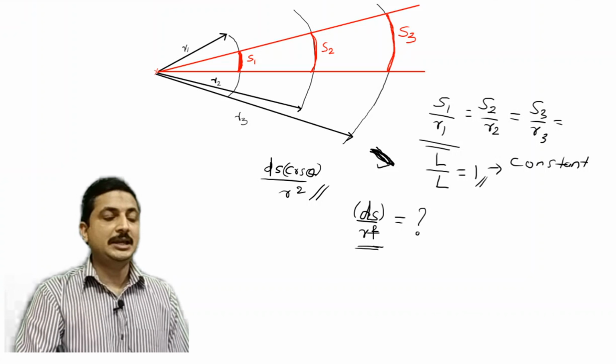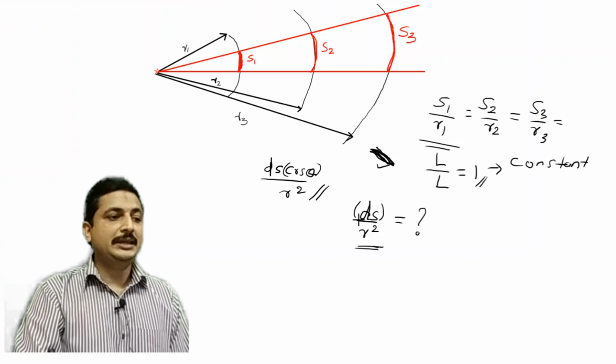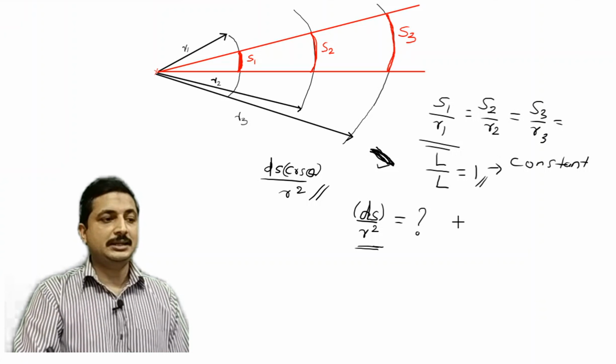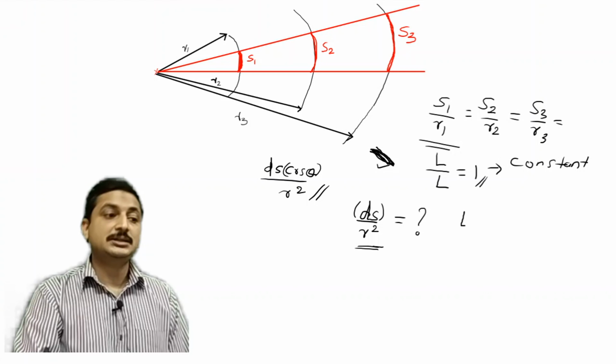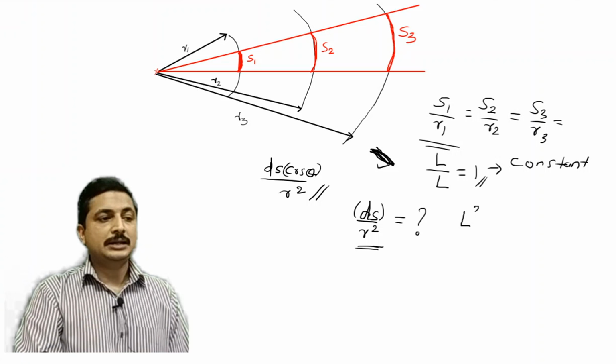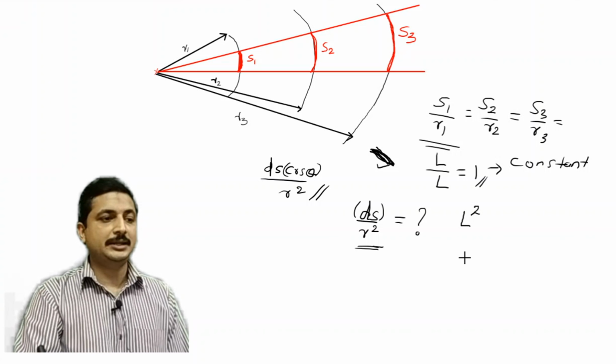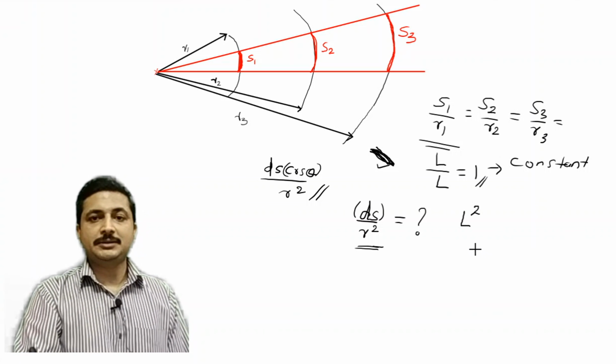So is ds by r square a constant? Let us check. ds is surface area, so usually the dimension will be length square. If it is length into breadth, whatever, it will be length square.